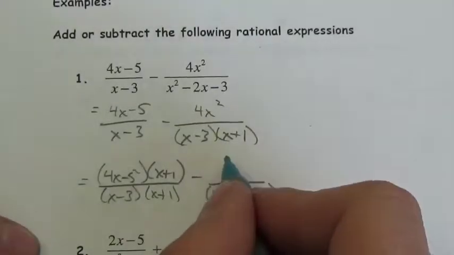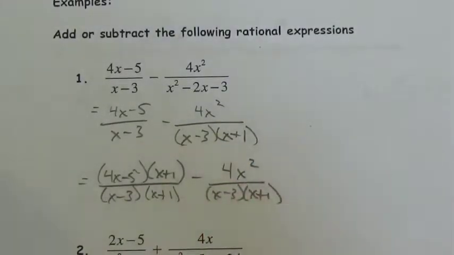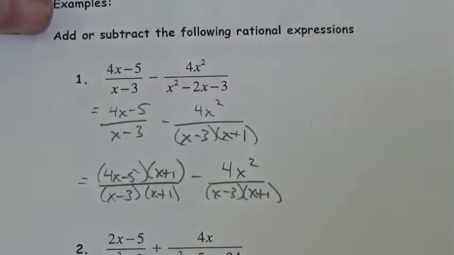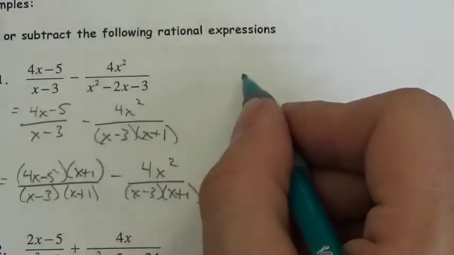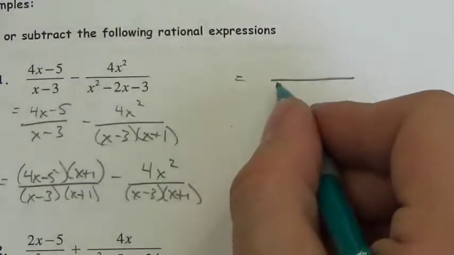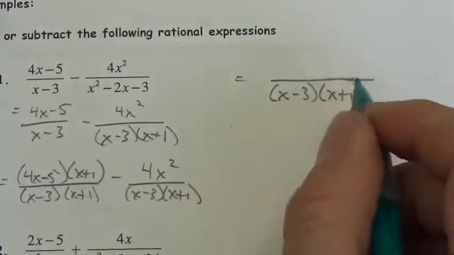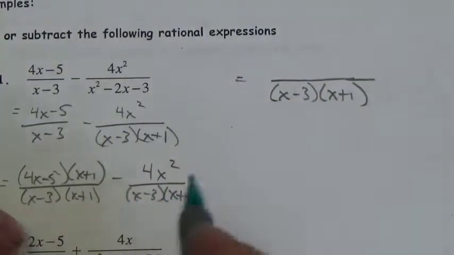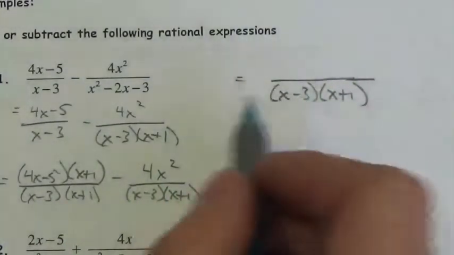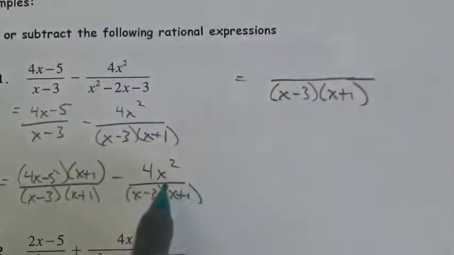There was nothing missing, so I don't have to do anything to the numerator. The denominator was complete. Now, I am going to put these all over that denominator, x minus 3, x plus 1. That's the whole point. The denominators are the same here, so whatever the numerators are, when I total them together, it's going to be over that same denominator.